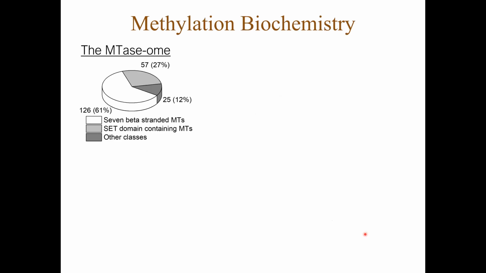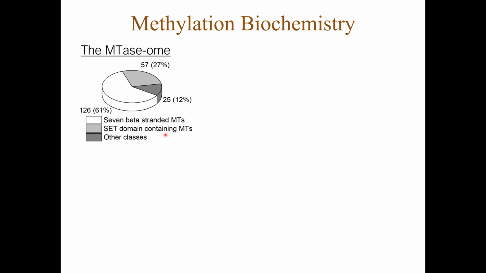So going a bit deeper into methylation, this is a representation of the human methyltransferome. And the human genome encodes a bit over 200 enzymes with predicted methyltransferase activity. And these enzymes are often grouped based on their predicted structures.